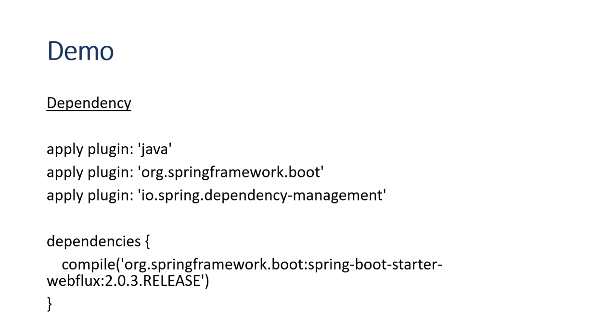For this demo, you need to add one dependency, that is Spring Boot Starter WebFlux, and we are using Spring Boot version 2 here, so 2.0.3. We have applied some plugins. This is for the Gradle file.